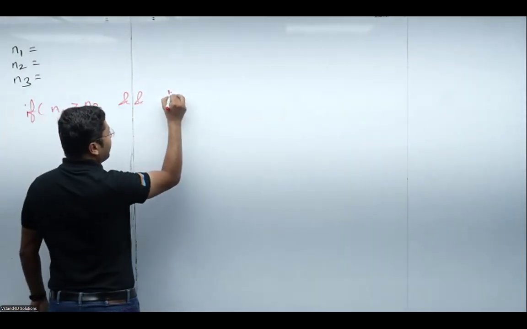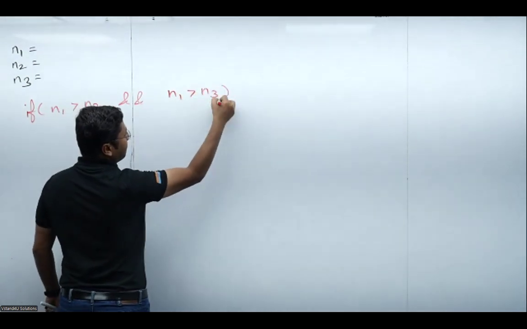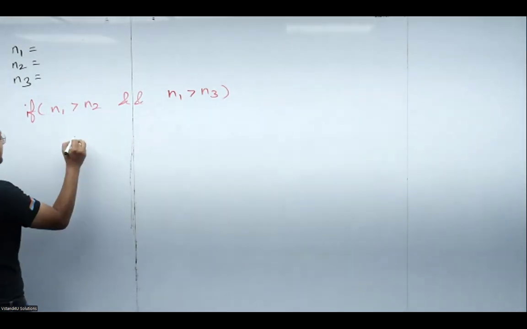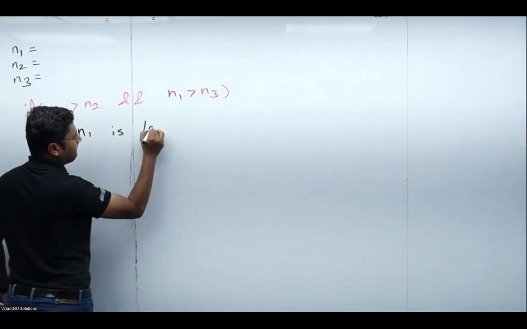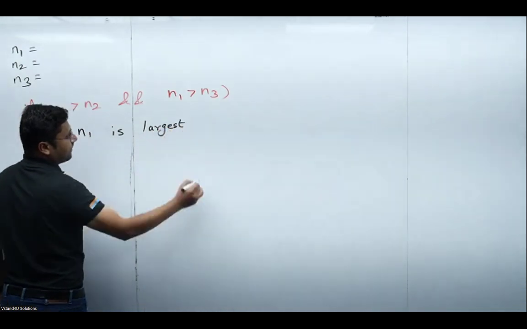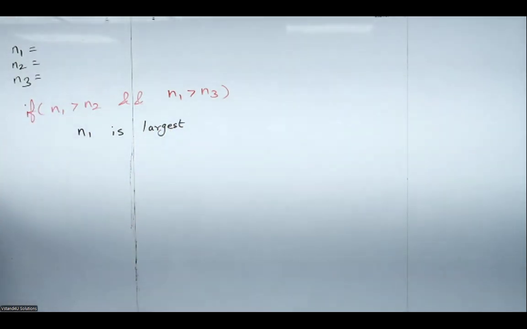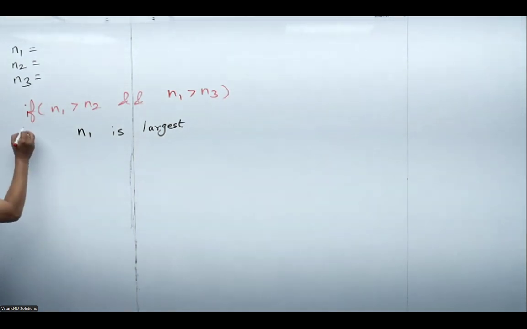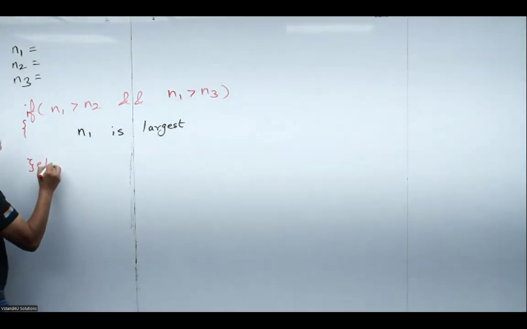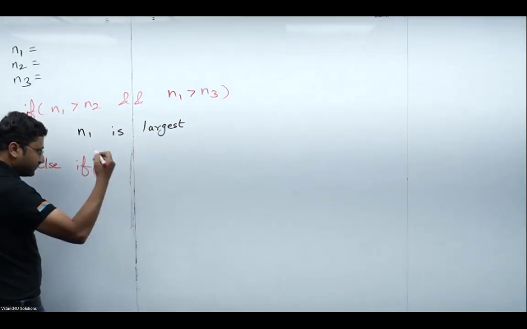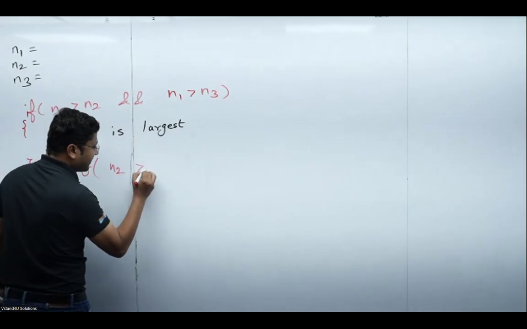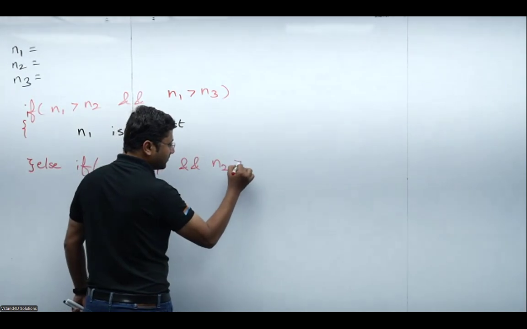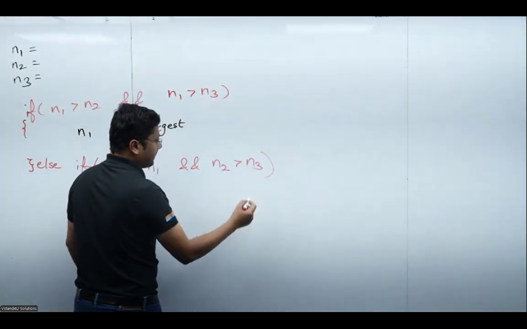Next. Then I will say, SOP and all I'm not writing. Hope you can understand with me. Else if N2 is greater than N1 and N2 is greater than N3, done.